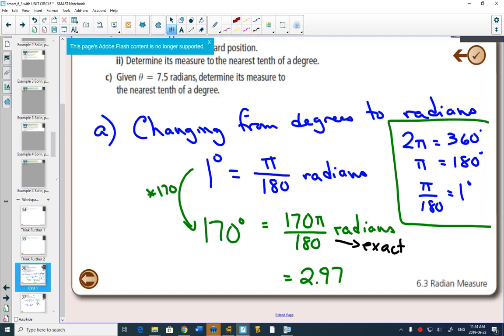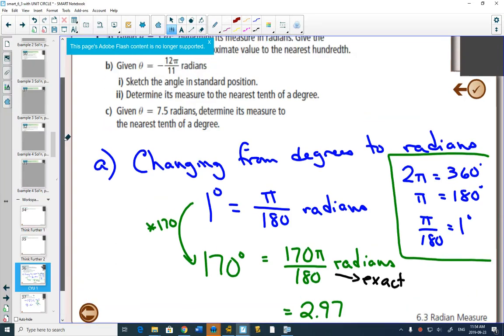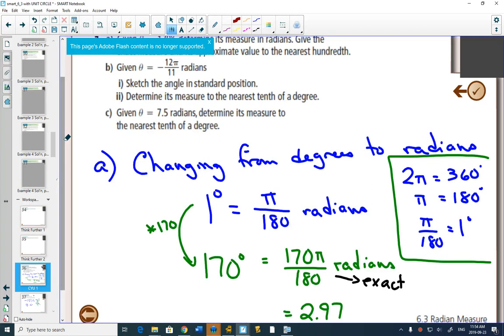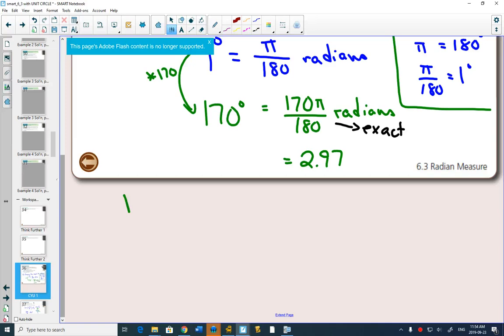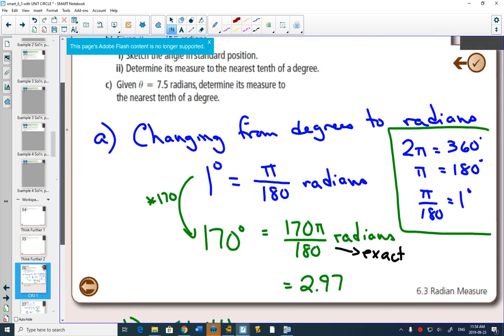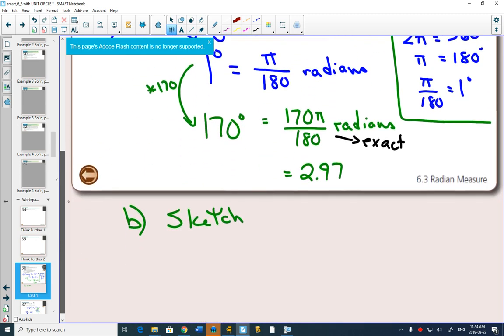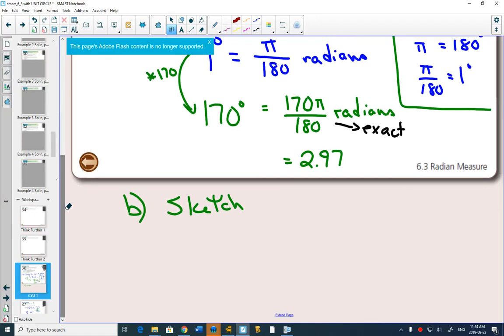Part B, okay. Part B says to sketch negative 12 pi over 11 radians. And it also says to convert, to change from radians to degrees.